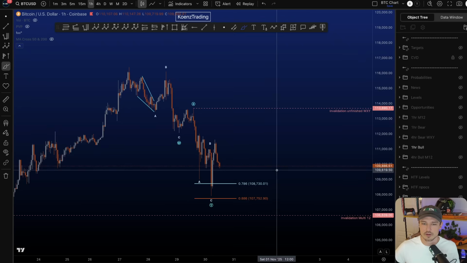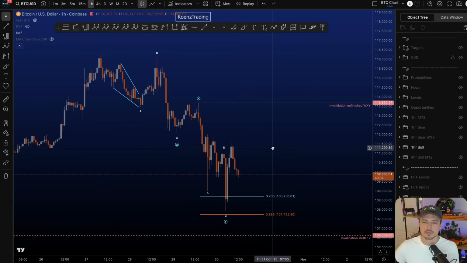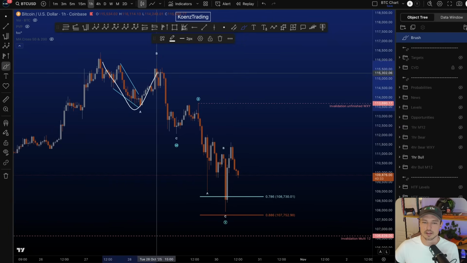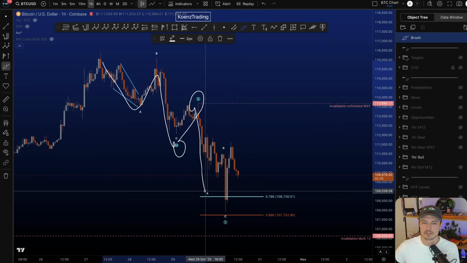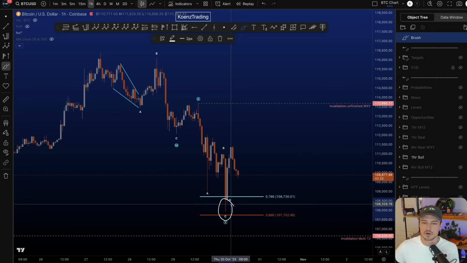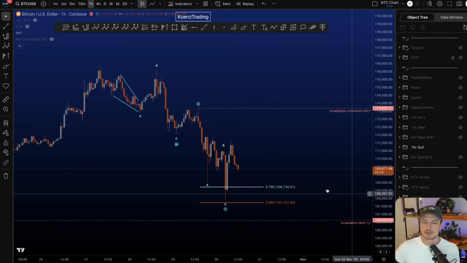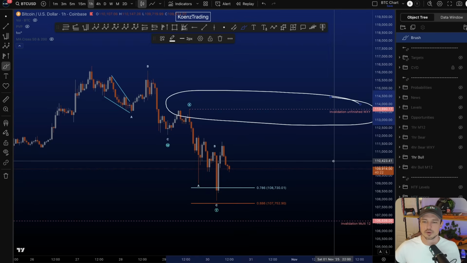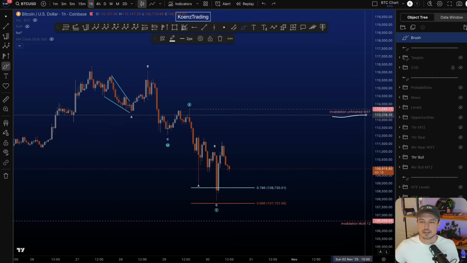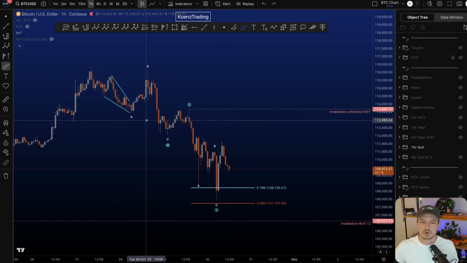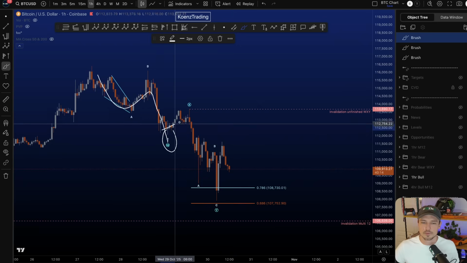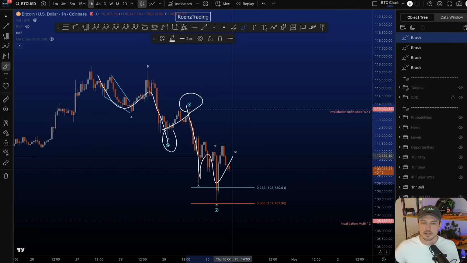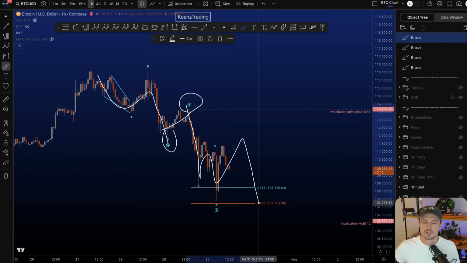And if we then have a look, then we preferably finish a double zigzag, a WXY, ABC, WX, ABC in a wave Y, preferably then finishing at that particular low. Now I do have a red line here on my chart at 113.7K, which says invalidation unfinished WXY, just in case you get a W, X, and then A, B, and then a wave C to the downside.